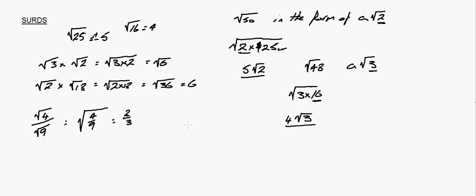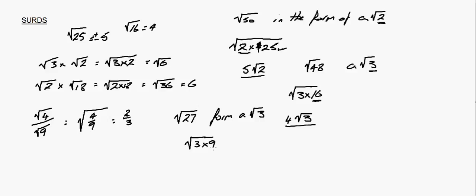Okay, so let's give you another one. So let's say that they want root 27 in the form a root 3. So again, this is quite simple. I now know that 3 times something will give me 27.